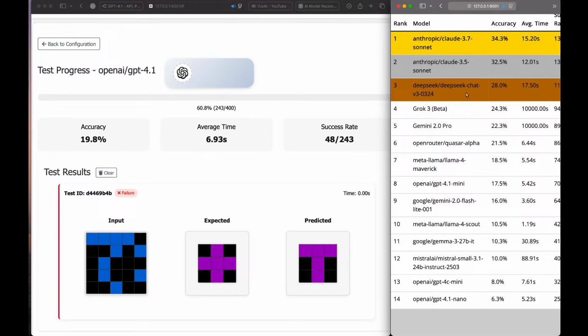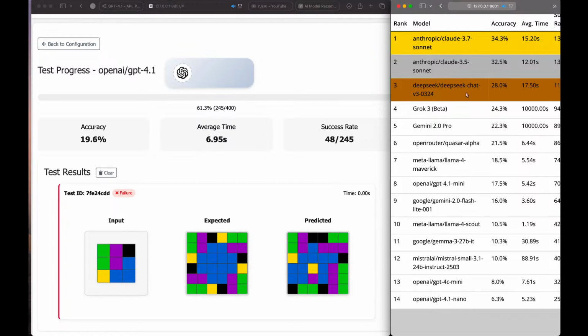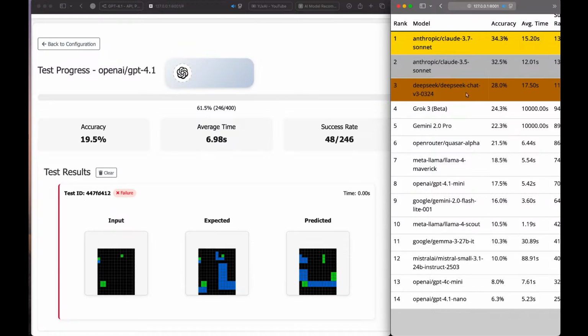Gemini 2.5, DeepSeek R1. I'm missing the name, but yeah. Yeah, O3 mini, yes. Thank you. You don't see that in the list because this is a list for non-thinking models. Testing the thinking models is a bit pricey at the current scale that I am in.